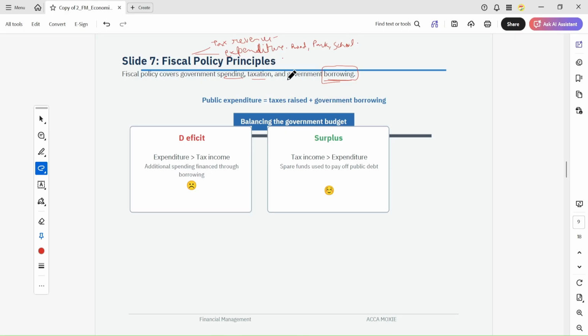Our job as a government in this fiscal policy is that the total revenue, the tax collected, must be equal to expenditure. That is our aim of this policy. But this is not possible generally, because either you spend more or you spend less.